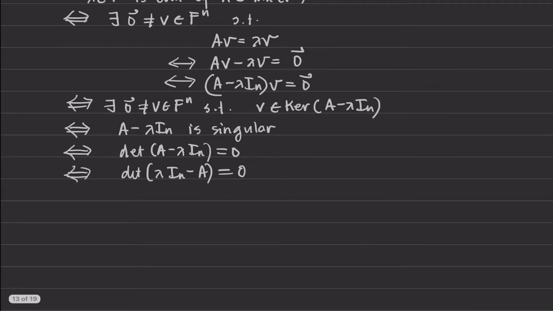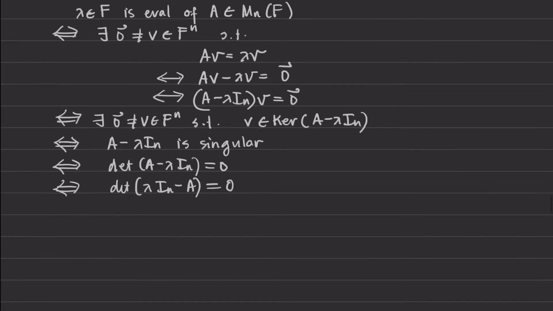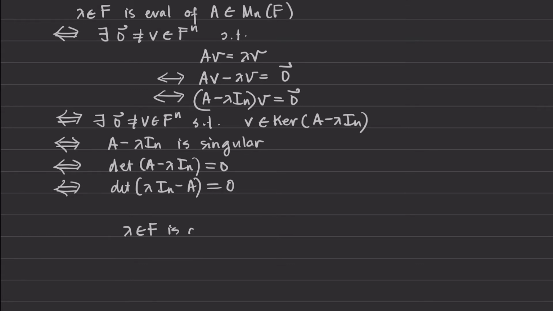Okay? So, anong napakita natin dito? Napakita natin that this lambda is an eigenvalue of A if and only if yung determinant ng lambda I_n minus A is 0.